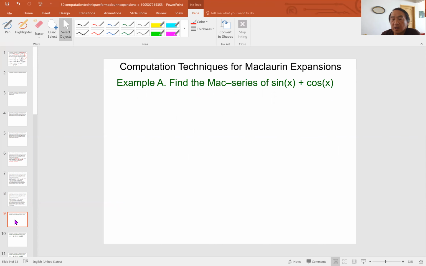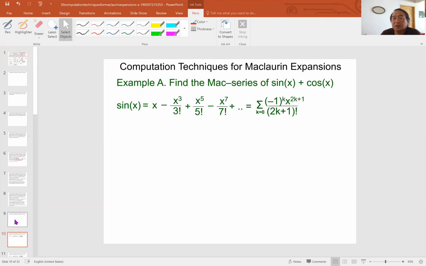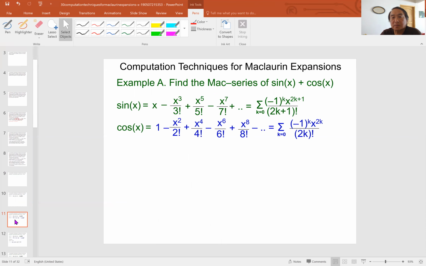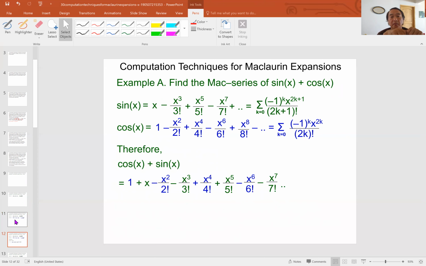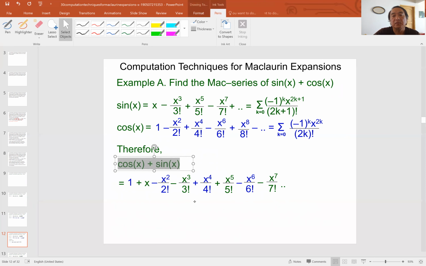Check the Maclaurin expansion of sine x plus cosine x. Here's the expansion of sine x, and here's the expansion of cosine x. Notice sine x covers the odd powers, and cosine, an even function, covers all the even powers. If I add them together, I get this series for cosine x plus sine x. The reason this is true is that if I keep taking derivatives of the sum, I can take the derivative of each individual one.